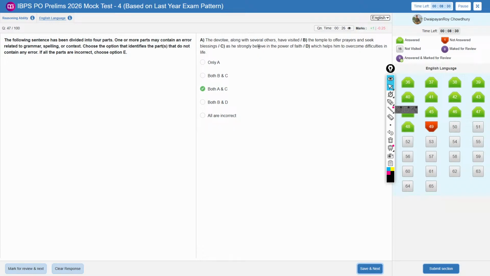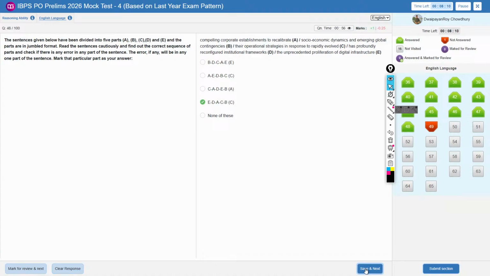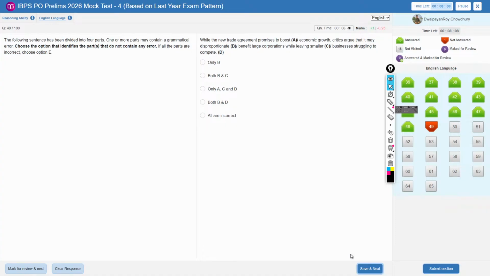Okay, just relax. The devotee has visited. So this was also about which do not contain. So no, A is going to be there. Let's see B, that offer prayers and seek blessings. So B is going to be there. Not C, C is going to be there as he strongly believes. So B and D. Okay. That do not contain error.